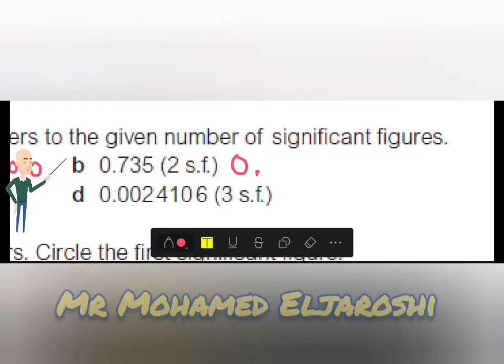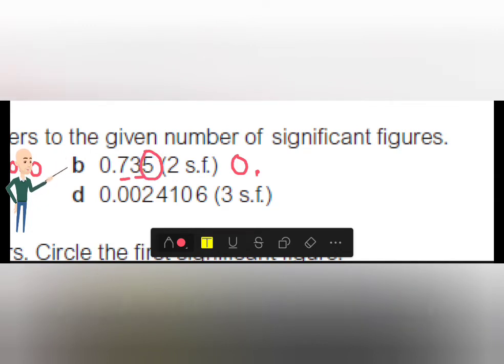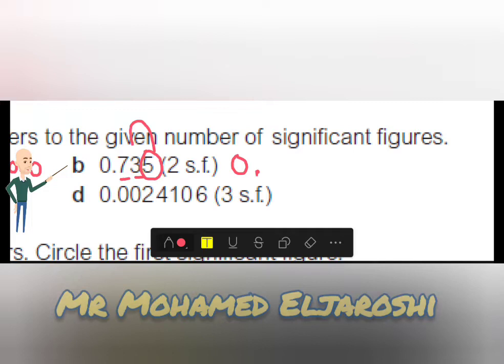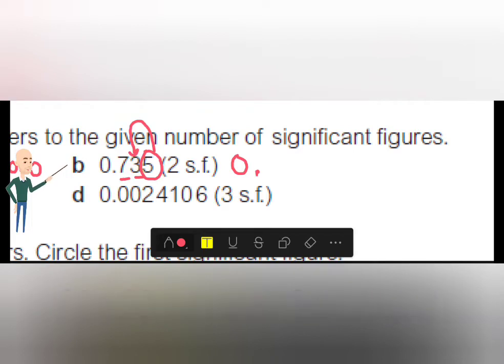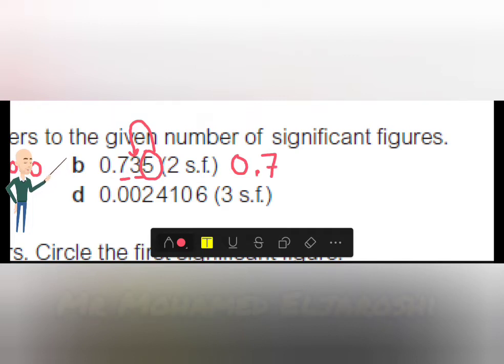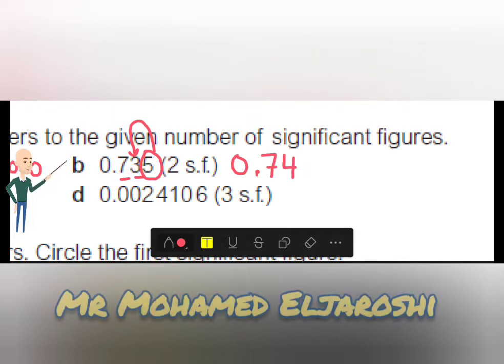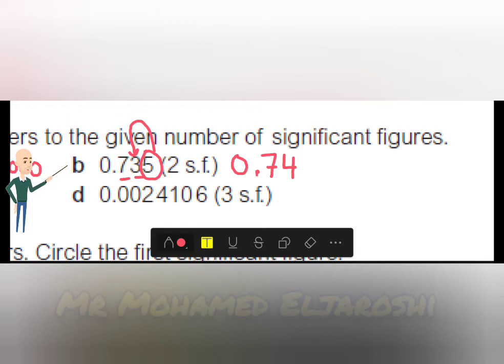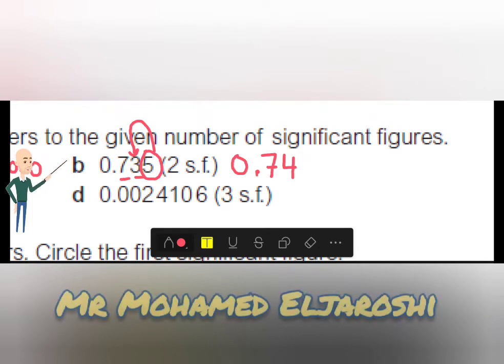Two significant figures means two numbers, and this is 1 and then 2, and then you look at the number after the second one, which is the 5. The 5 is big, so you're going to add 1 to the 3. So it's going to be 4. So the answer will be 7, 4. And the rest of the numbers are zeros. And here we don't write it because it's after the decimal point.